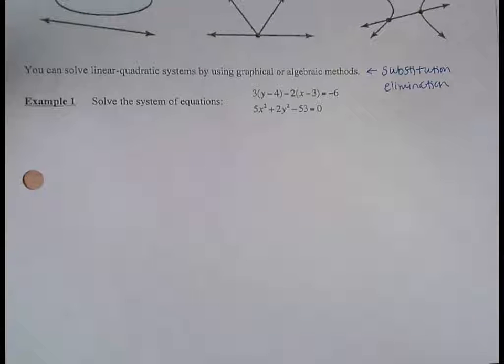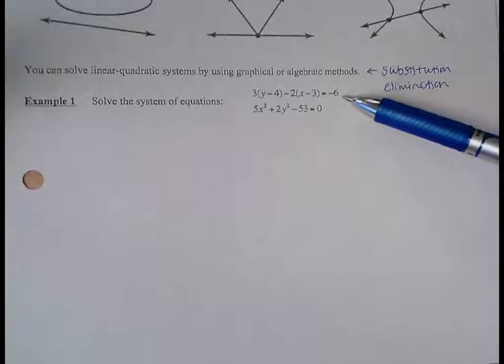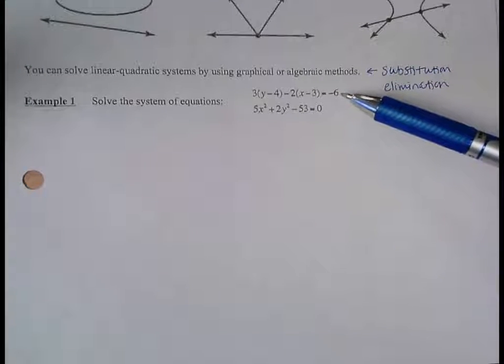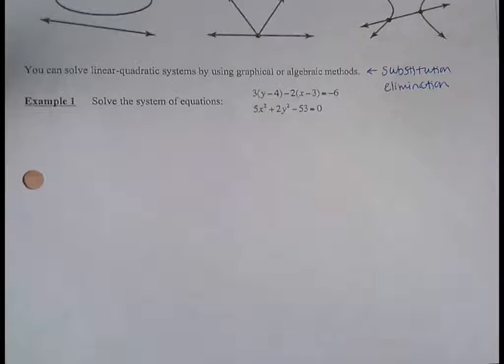We have the following system of equations. 3 times the quantity y minus 4 minus 2 times the quantity x minus 3 equals negative 6, and then 5x squared plus 2y squared minus 53 equals 0. And I'm going to write down for this example as well, there's kind of 3 big major steps. Within that, there's different steps, but 3 main steps you want to focus on to solve a linear quadratic system.